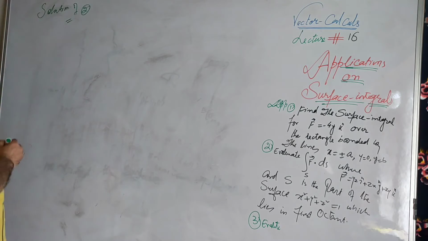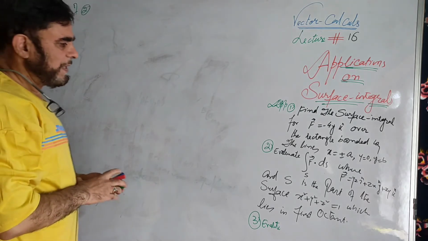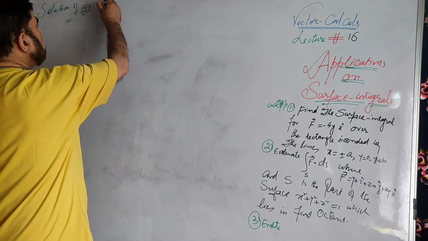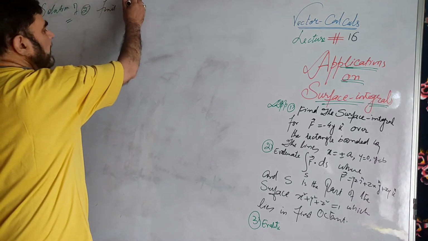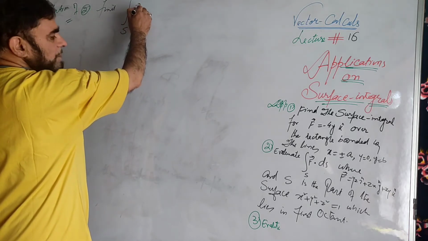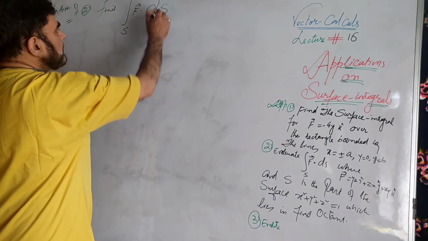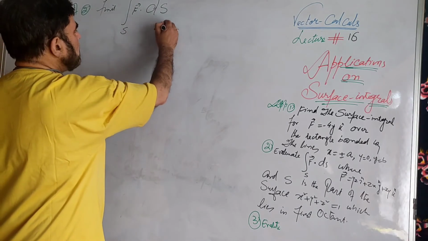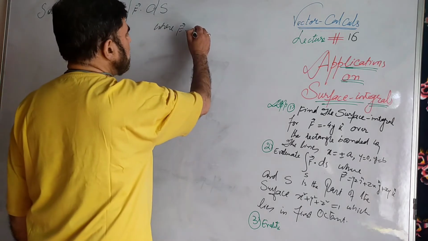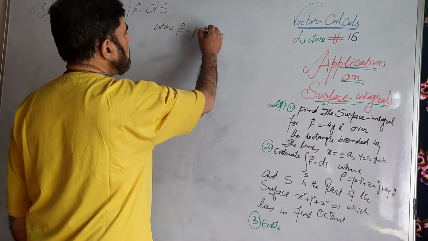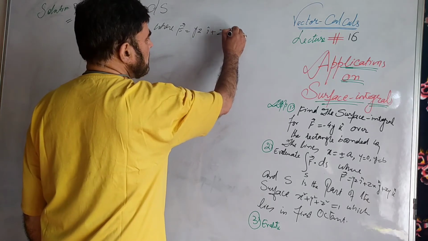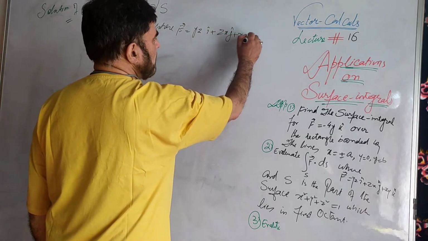What does this say? You have to find the surface integral over the given surface S of the vector point function f dot ds, where your vector point function is given by f equals yz i plus zx j plus xy unit vector k.